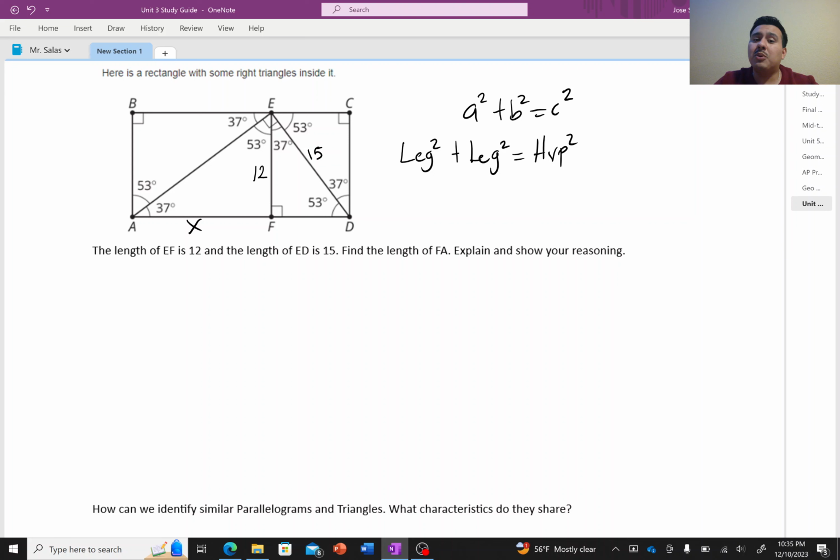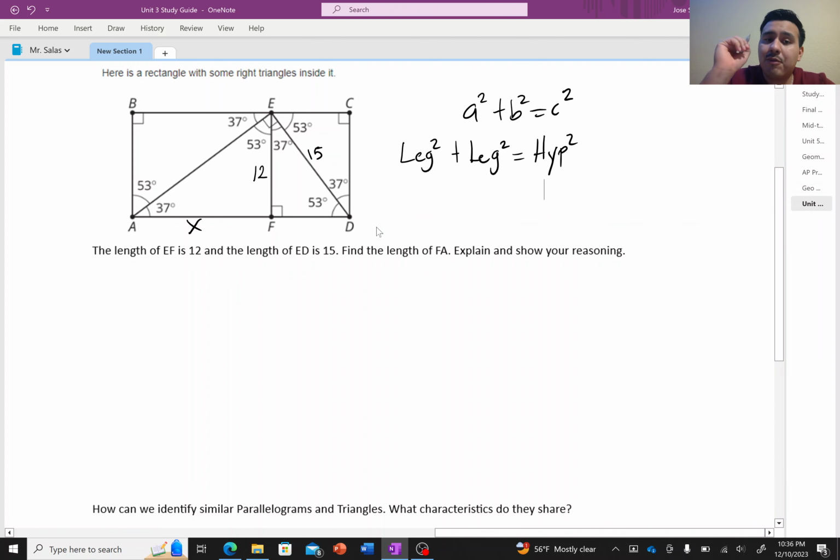Remember, the hypotenuse is the longest side of a right triangle. If we are focusing on this triangle EFD, then the longest side of this triangle has to be this segment ED, because it's across from the 90-degree angle. The 90-degree angle is here in this corner. Opposite it, or across from it, would be this line here, which is the hypotenuse.